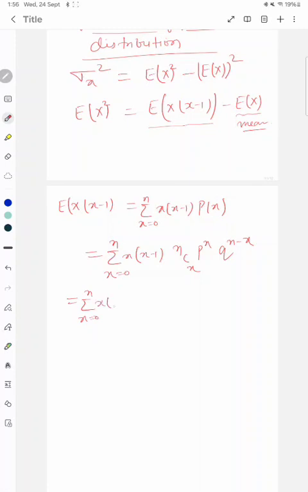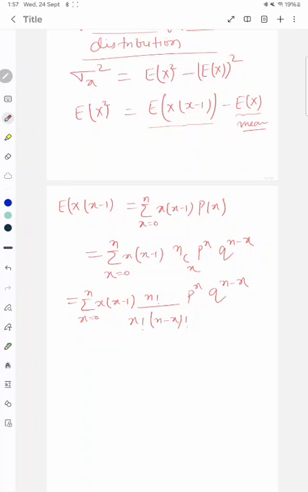And x into x minus 1 factorial n by x factorial n minus x factorial p^x q^(n minus x).